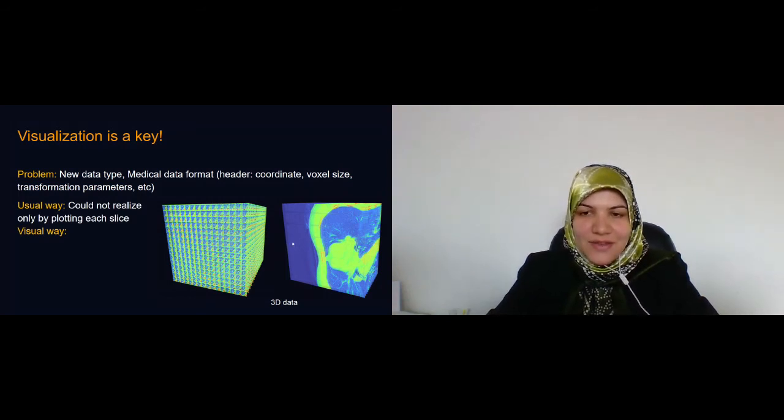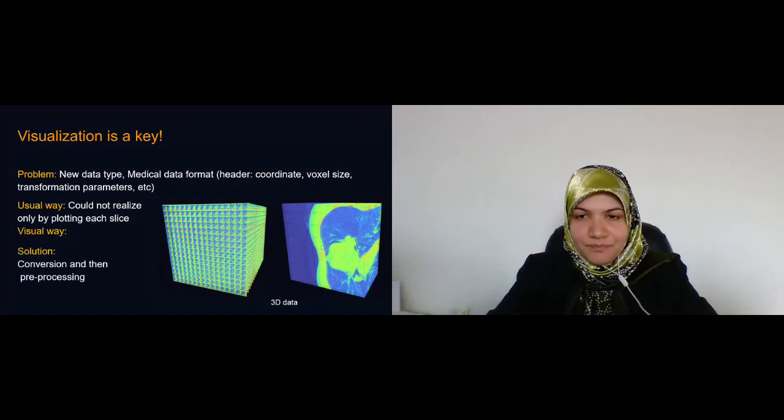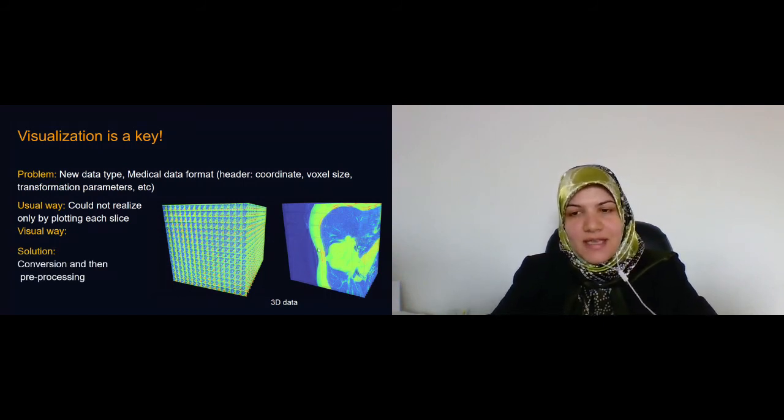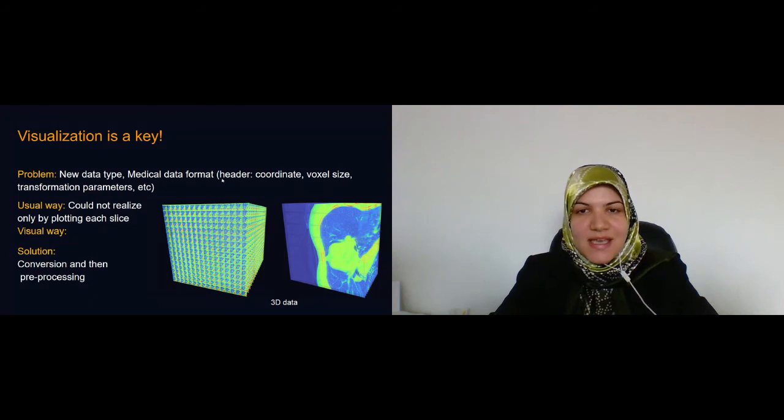After visualization, we realized that we needed to change the pre-processing and conversion before feeding the data to the network, because the network didn't see this header, but the Python libraries were seeing the header and the information. So we could see the correct data in Python, but the network didn't see the correct data.